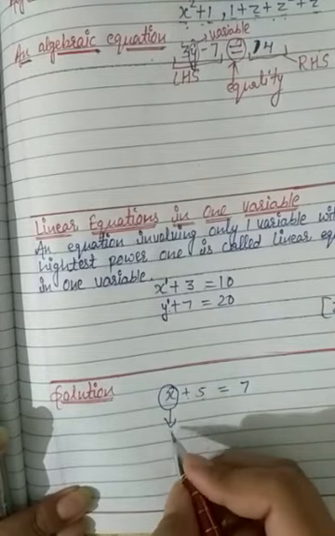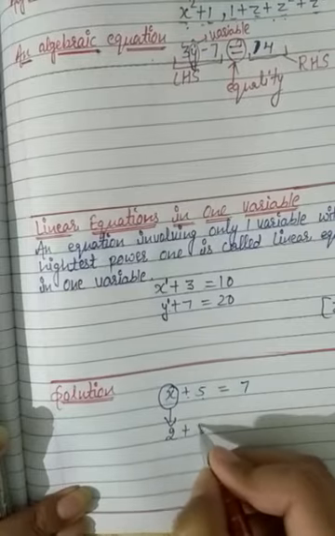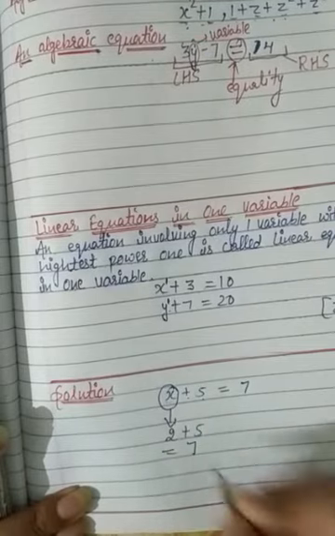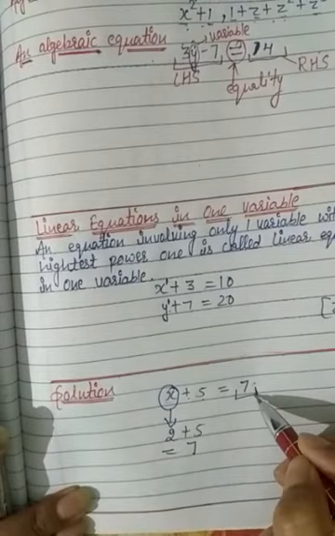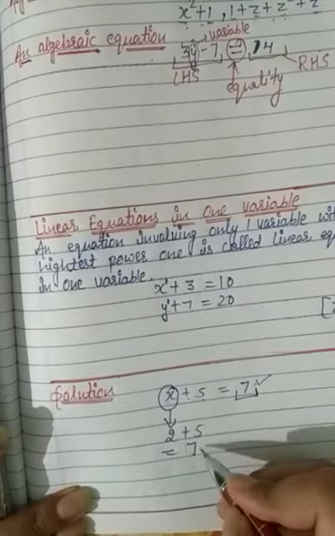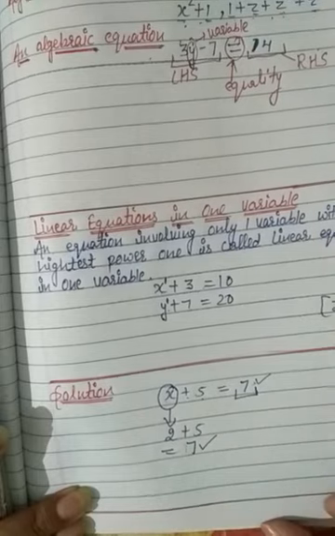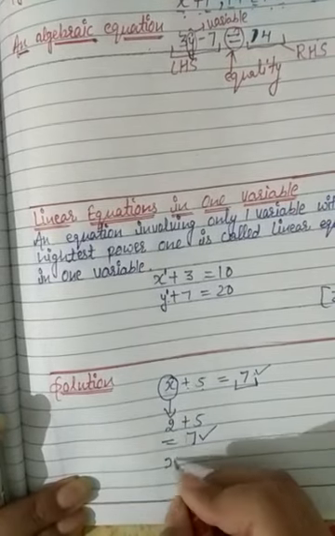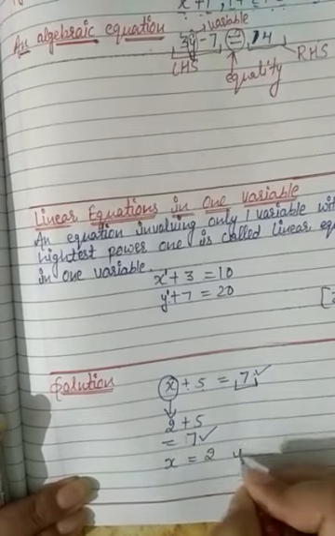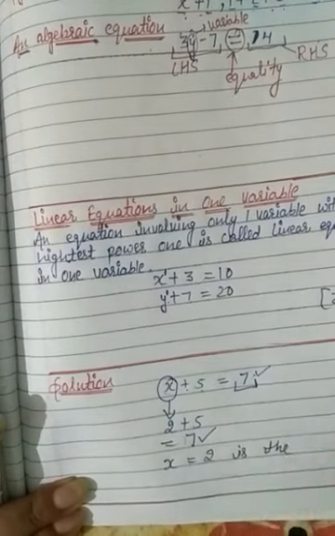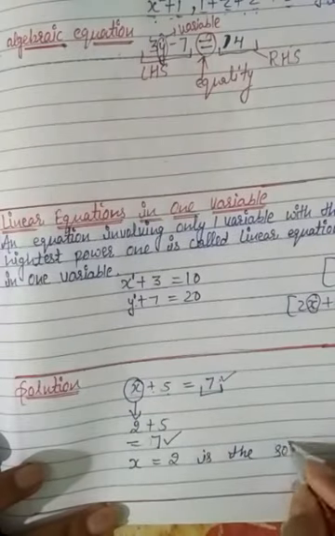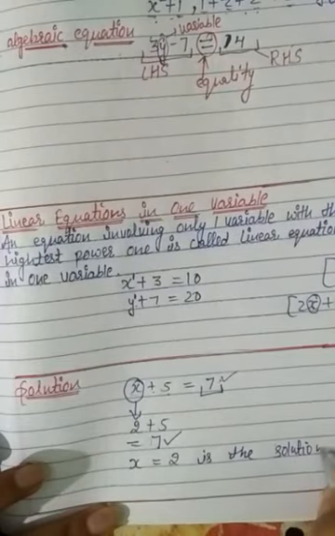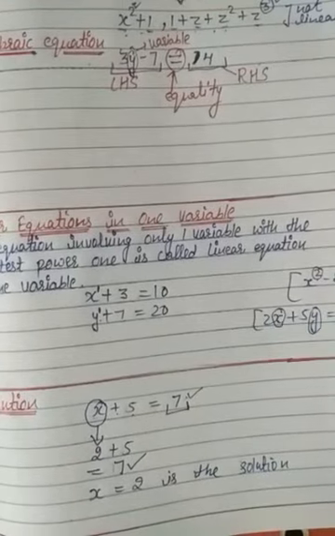So x must be 2, because 2 plus 5 gives you 7. So your right side is 7 and on the left side you also got 7. So in this equation x is equal to 2 is the solution of the equation.